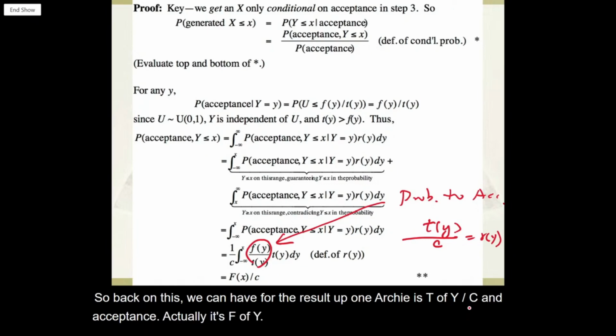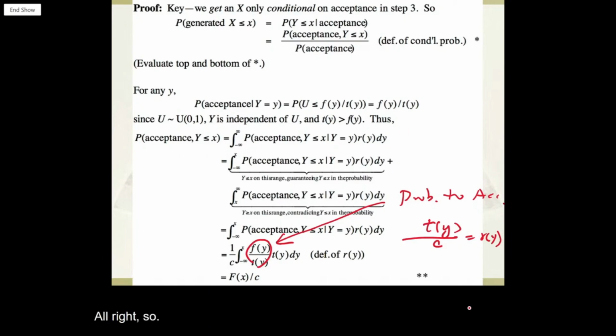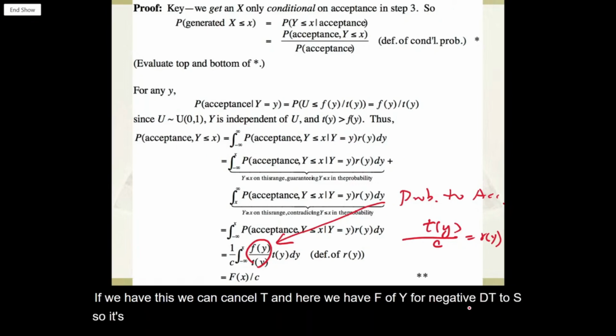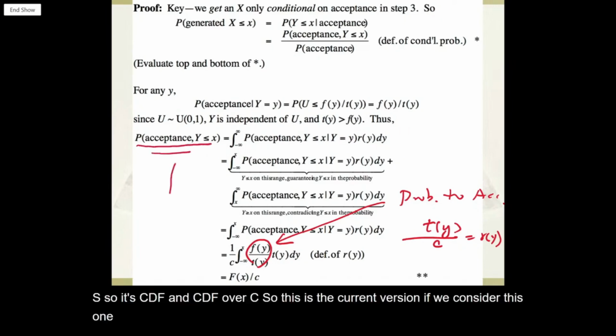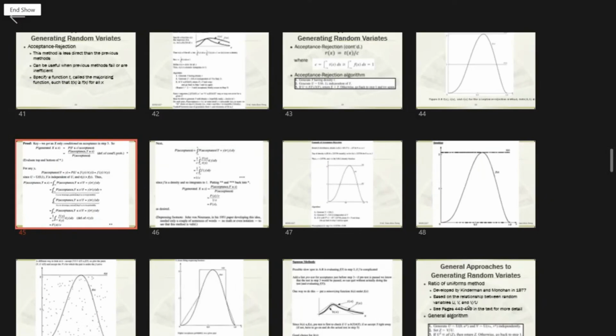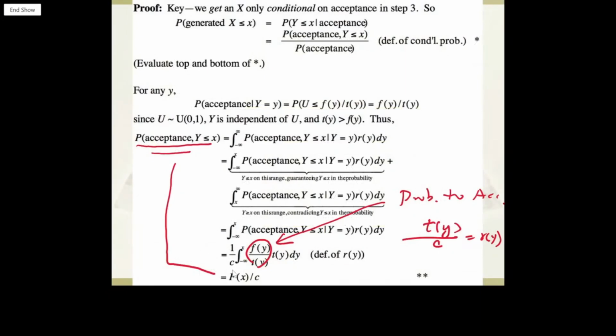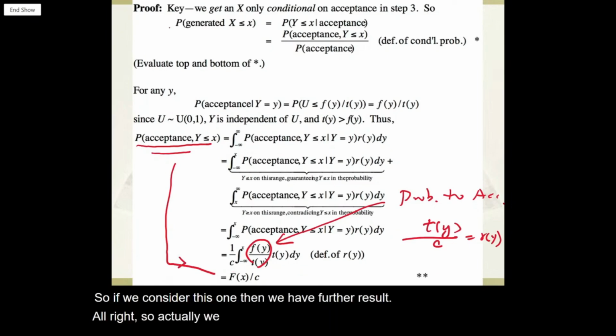All right, so if we have this, we can cancel T. And here we have F of Y from negative infinity to s, so it's the CDF, and CDF over C. This is the current derivation if we consider this one first. So we have this formula.